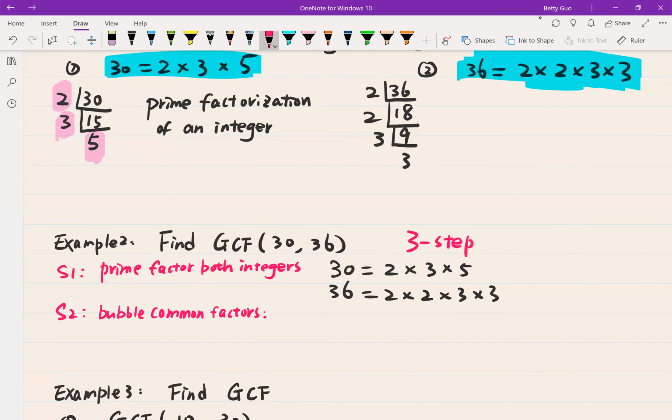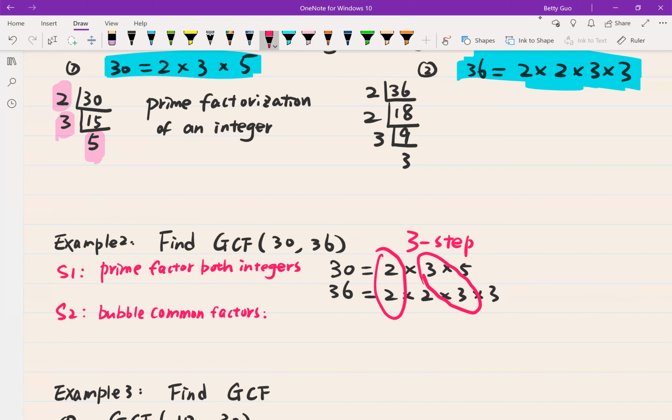So look at the right-hand side of the equations. The right-hand side of the equations are the prime factorization of the two integers, right? You can see that 2 is a common factor of the two integers. 3 is also a common factor, and only the two integers, not anything else.